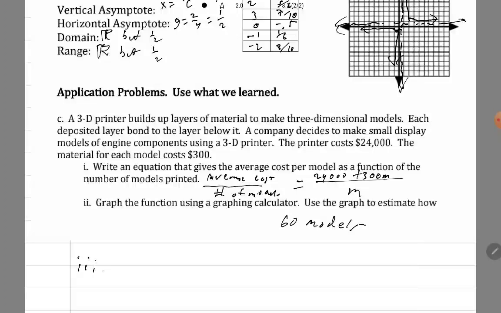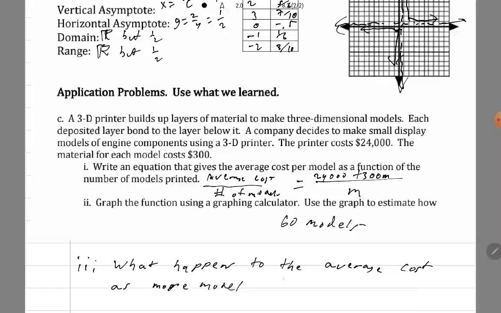And then there was a third question here, which was what happens to the average cost as more models are printed.